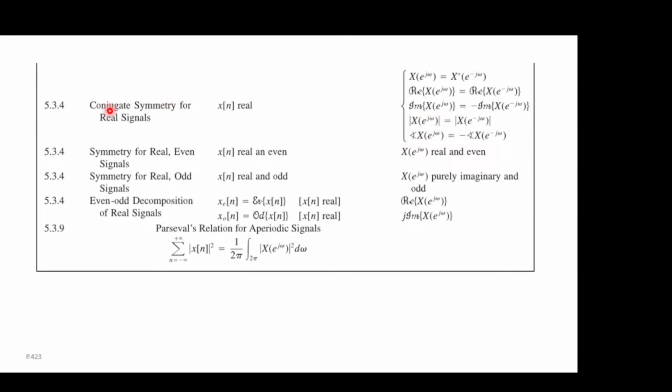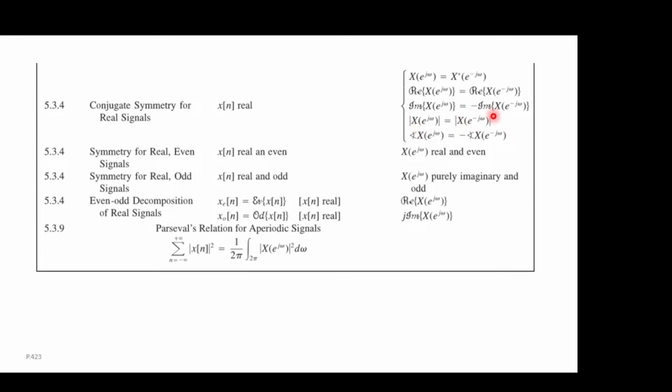Then we have the conjugation symmetries for real signals. For a real signal, as usual, big X equals big X star at minus omega. You can look at big X in Cartesian and polar coordinates. In Cartesian coordinates, it tells you the real part of big X is even and the imaginary part is odd.